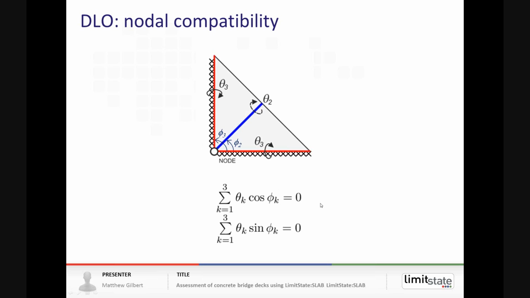The two equations you can see relate to resolving those rotations in the x direction first, and secondly in the y direction. So it's a simple linear constraint for each and every node in the problem.